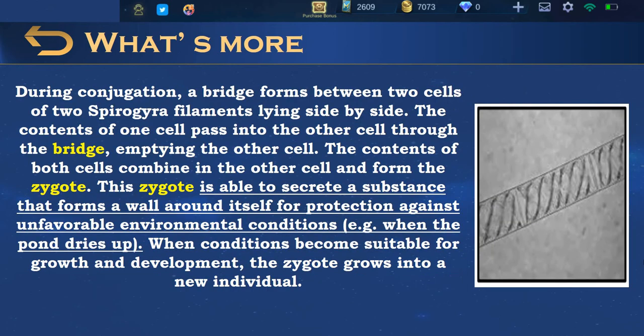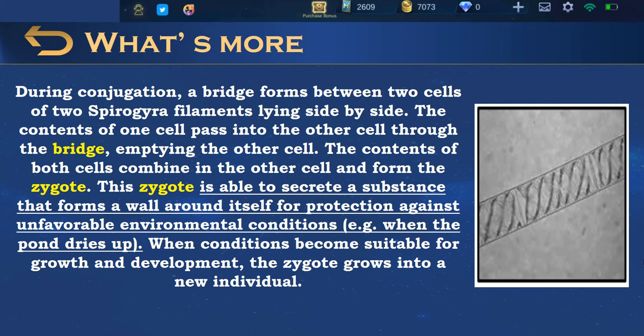During conjugation, a bridge forms between two cells of the Spirogyra filaments lying side by side. The contents of one cell pass into the other cell through the bridge, emptying the other cell. The contents of both cells combine in the other cell and form the zygote.